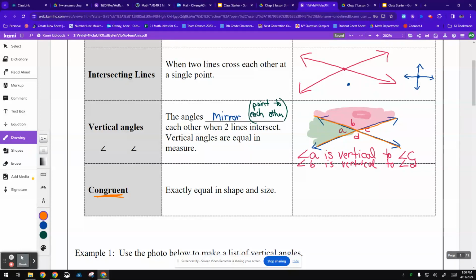It means same size, same shape. The symbol for congruent is an equal sign with a squiggly on top. So I can write angle A is congruent to angle C.